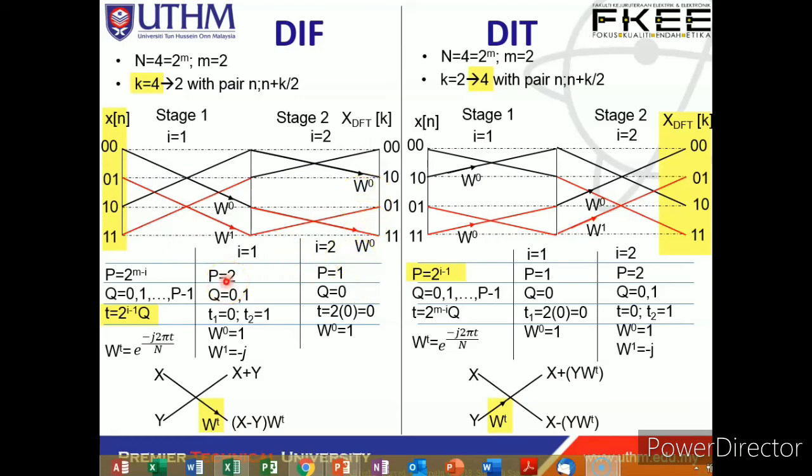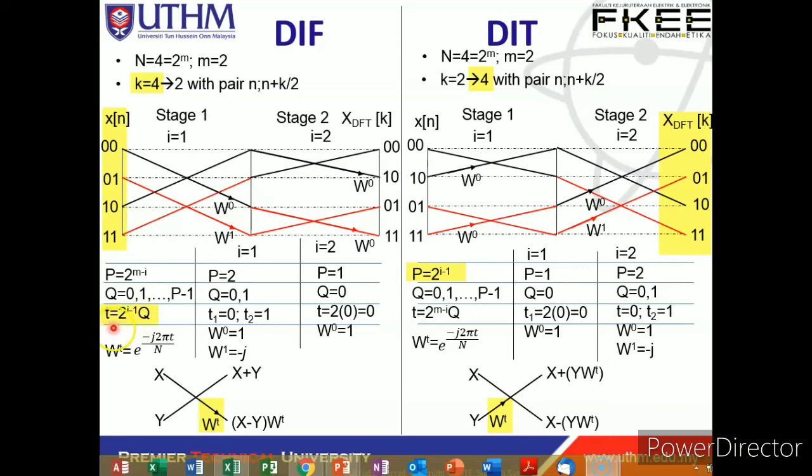Okay, so for the DIF, the difference is the equation to calculate the P and T. You can see the difference here. For the DIF, the equation is P equals 2 to the power of M minus I. As for the decimation in time DIT, the P is equal to 2 to the power of I minus 1. The same for the T equation.